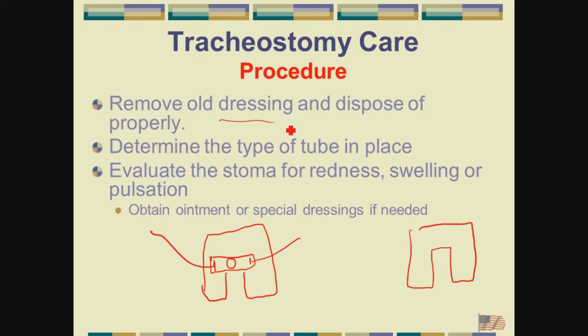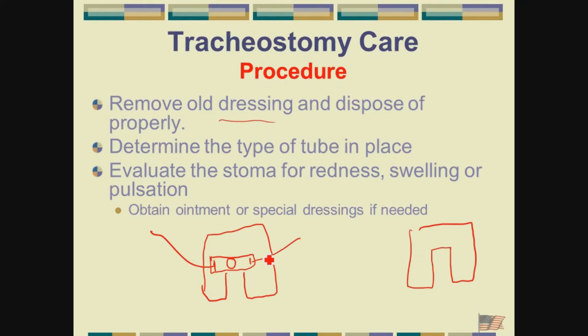So the first thing you want to do is gently loosen up the trach ties, the Velcro ties, so that you can manipulate around them, not fully disengaging them, because then that tube potentially is going to move. So we go ahead and remove the old dressings, dispose of them in an appropriate fashion because they are icky.